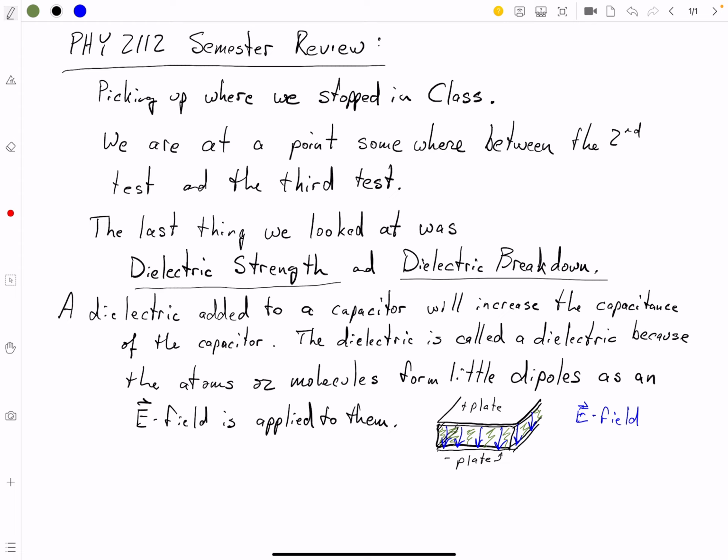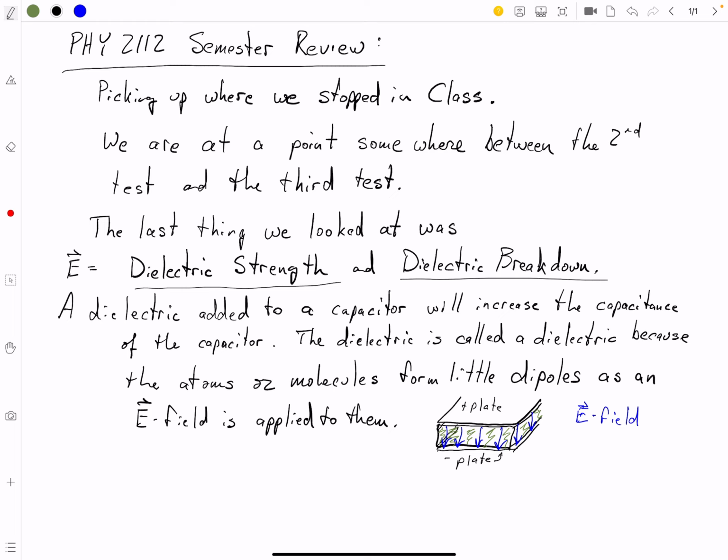When that breakdown occurs, that E field is essentially the dielectric strength for that material. That's what we call that.